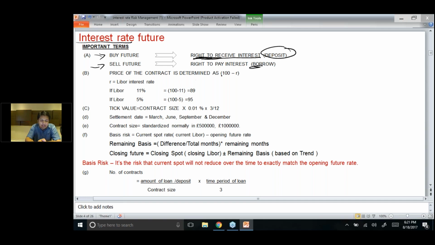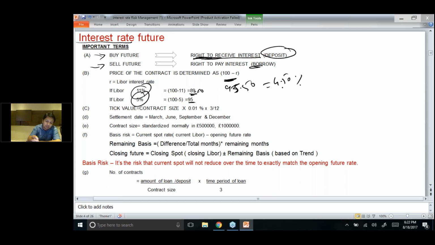Okay, the price of the contract is normally given in an inverse way. If LIBOR is 11%, future price will be given as 89.00. If LIBOR is 5%, future price will be given as 95. So future price is given as 100 minus R. Like 95.50 will be given instead of 4.5%.